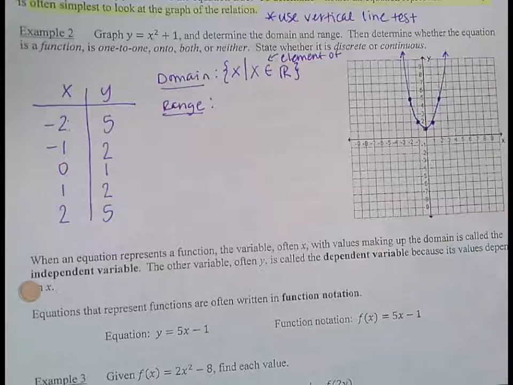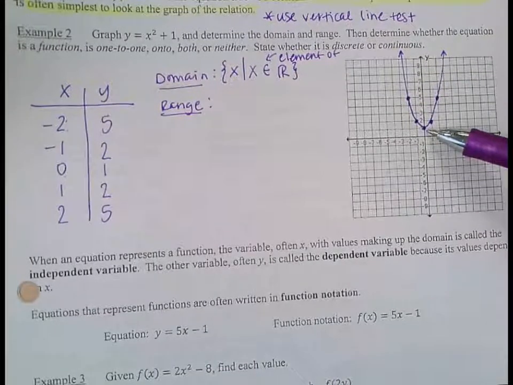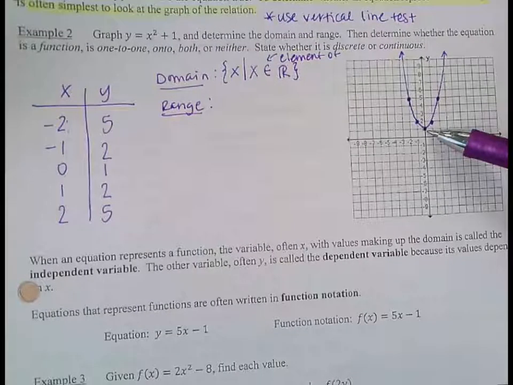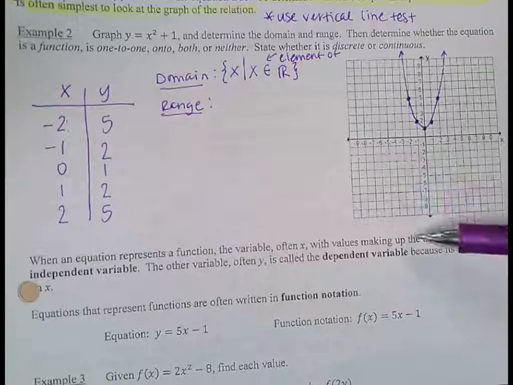Looking at the graph for the range then, would you say that y could be any number? I see some no's. There is a restriction on y because with the graph the way it is, it's a parabola. Notice the vertex, the lowest value y can be is 1. Any value less than that, the graph doesn't exist.